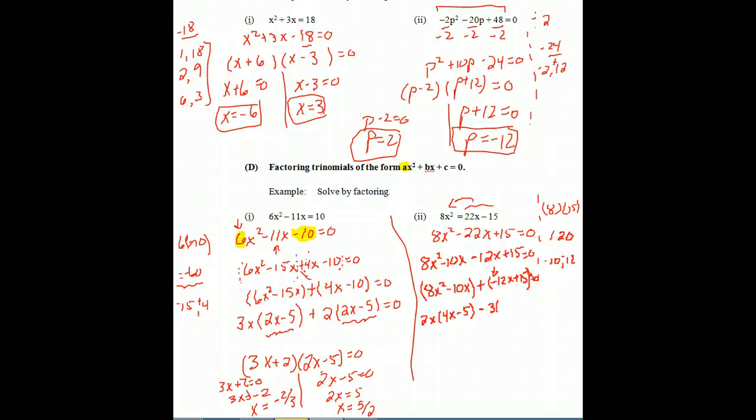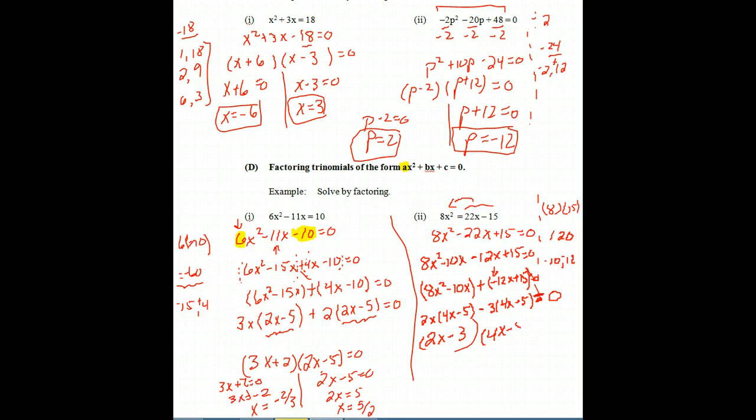So negative 12 divided by negative 3 is a positive 4. 15 divided by negative 3 is a negative 5 equals 0. If I didn't factor out the negative, then I would not get the same numbers in both sets of brackets. So what you have remaining is 2x minus 3.